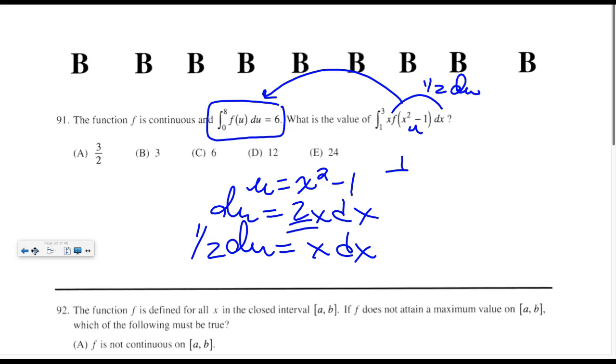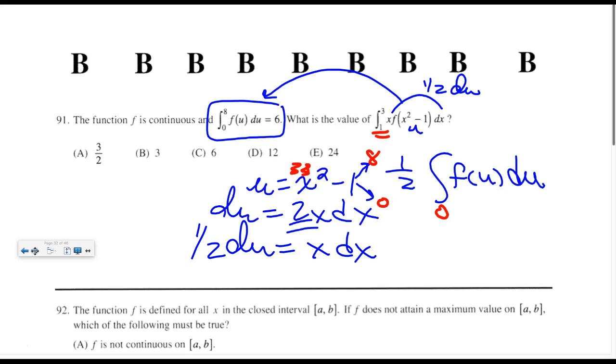So I have 1/2 the integral of f of u du, and I need to make sure that I change my limits, and that's why you'll notice that it was at 1, 3, and then all of a sudden it's at 0, 8. Well, that's because with a limit change, remember, everything's in terms of u. So that evolves into the 0 that it says it's supposed to, and when I do a limit change with the 3, it'll go up to 8.